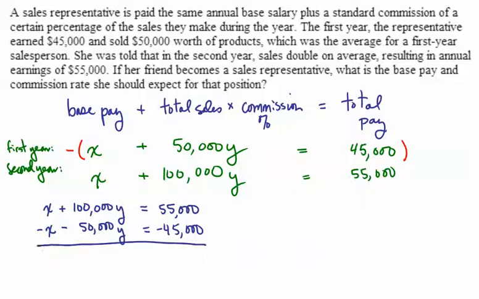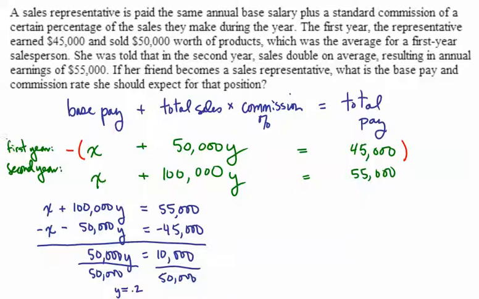Now we're simply going to use the addition method, which says add down. The x's are going to zero out, and we'll have 50,000 Y is equal to 10,000, dividing both sides by 50,000. And what we really end up with here is Y is equal to 0.2.